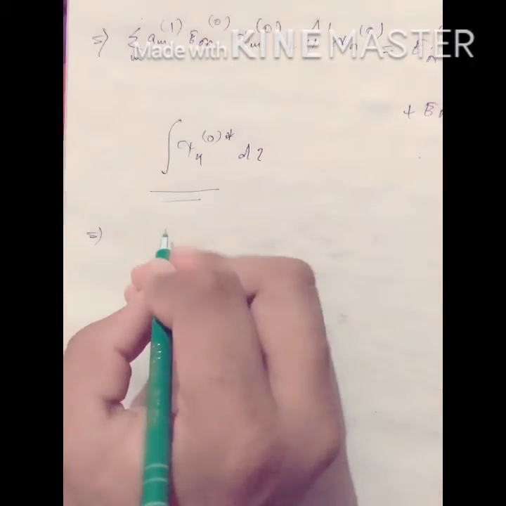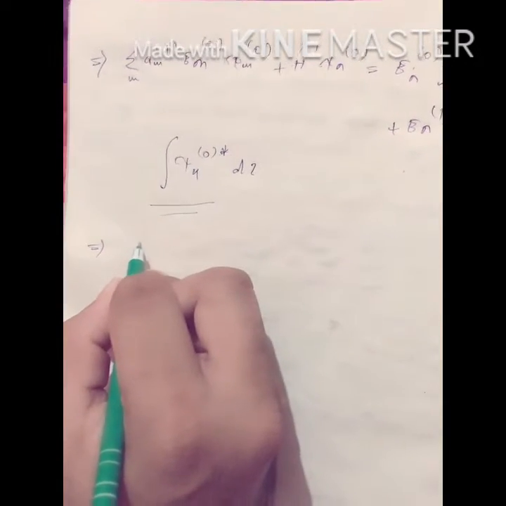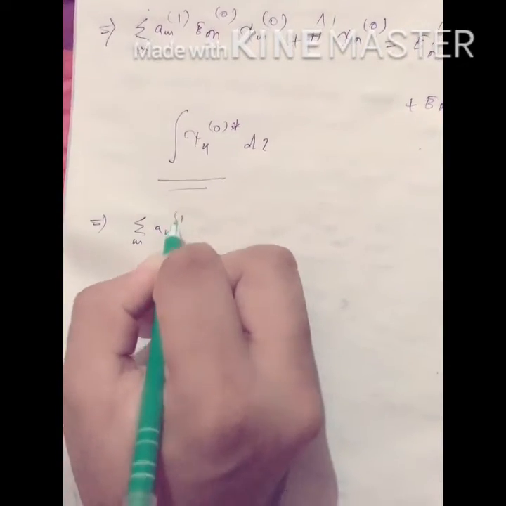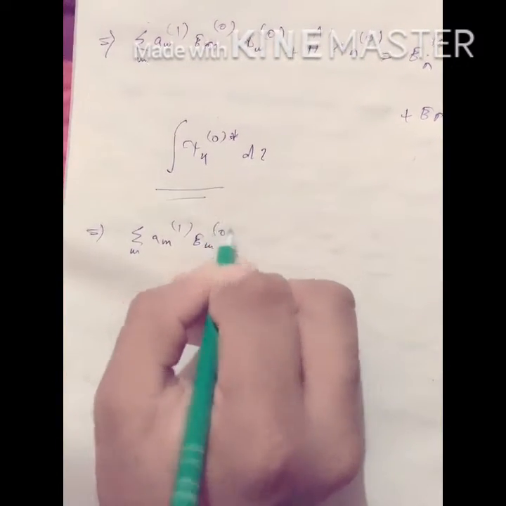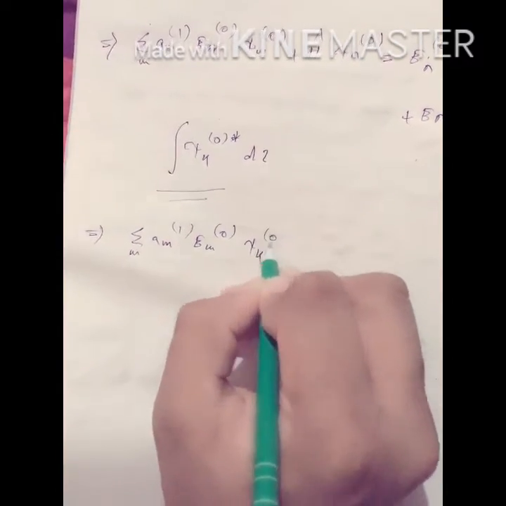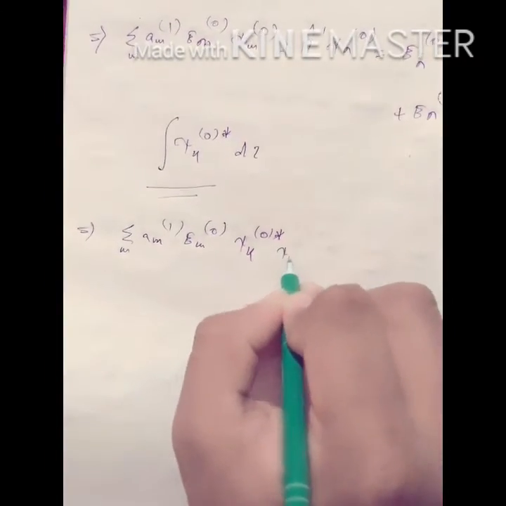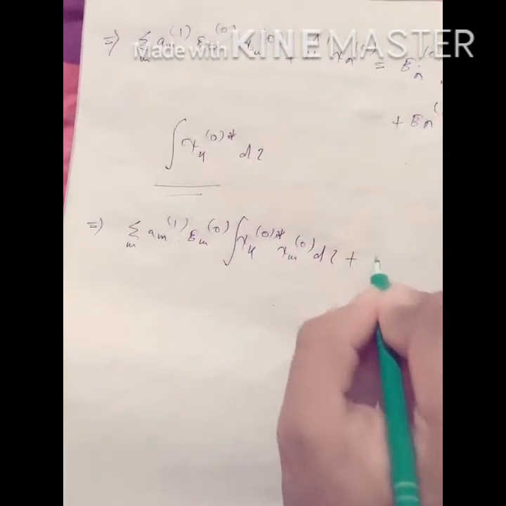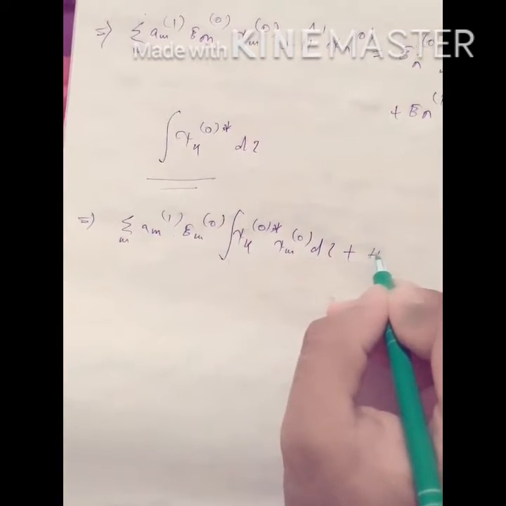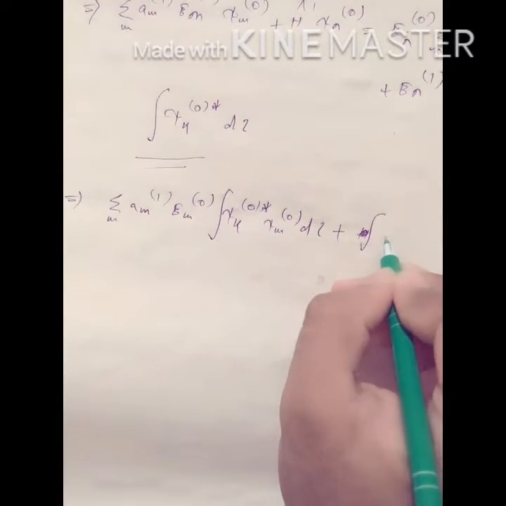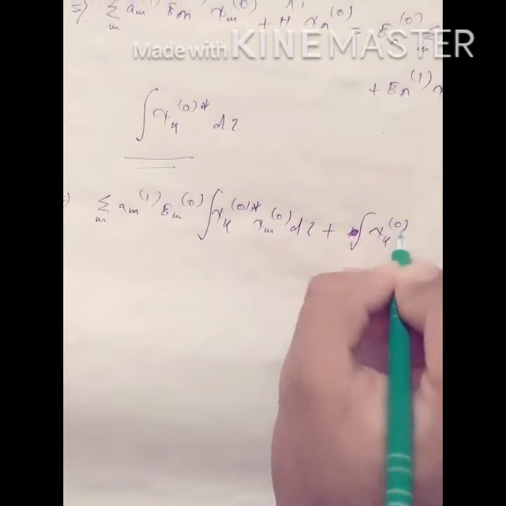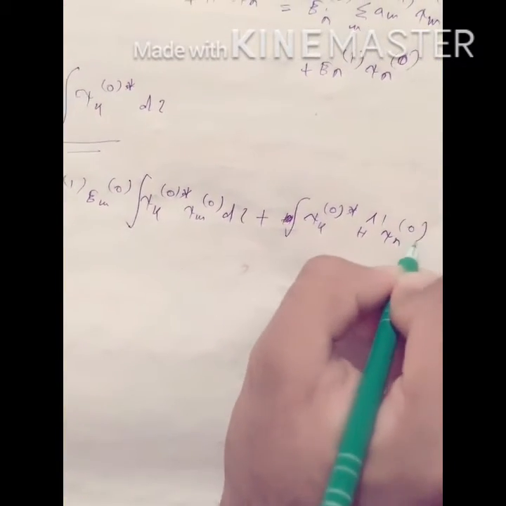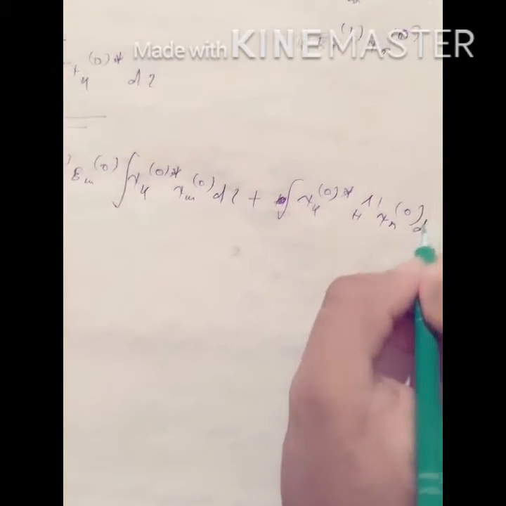So the next step is sigma m1 Em0 integration psi k0 star psi m0 d tau, plus integration psi k0 star H prime psi n0 d tau.